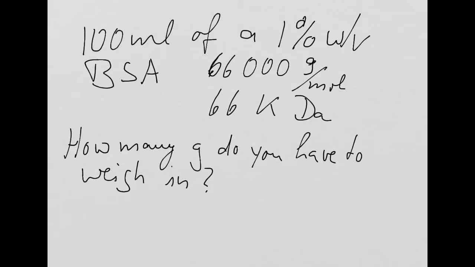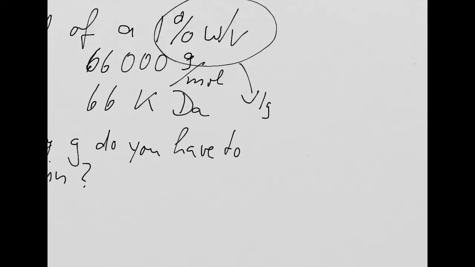1 gram. Why? I think that's the definition of weight per volume. It's grams in 100 mils. Did you get that? You're absolutely right. The definition of weight per volume is 1 gram in 100 milliliters.